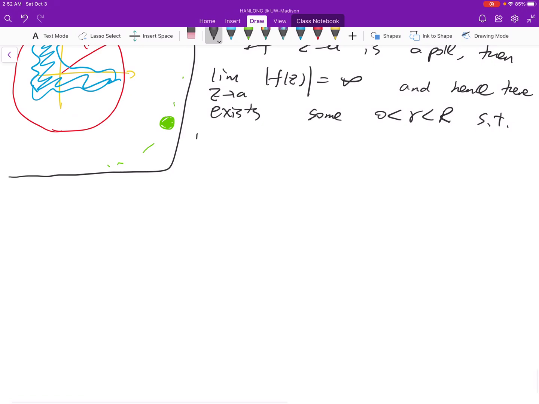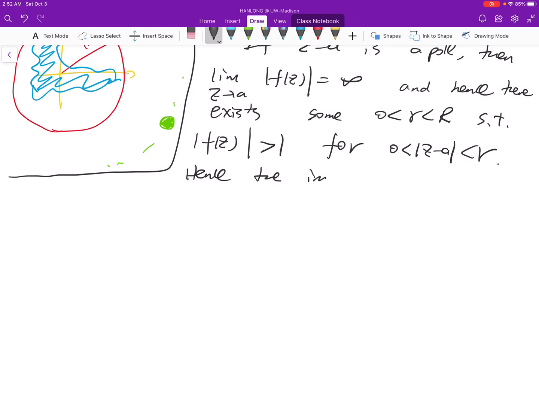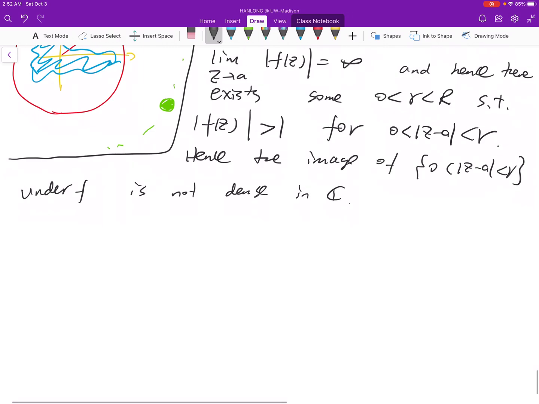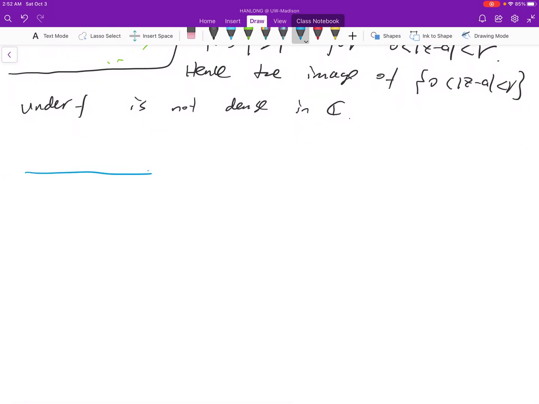There exists a small disk such that the absolute value of f(z) is greater than 1 for 0 less than absolute value of z minus a less than r, and hence the image of the disk 0 less than |z minus a| less than r under f is not dense in C. If you draw a picture, what does that mean?